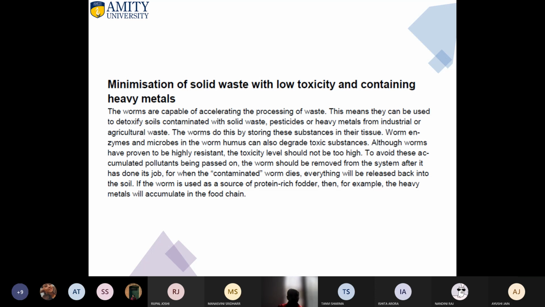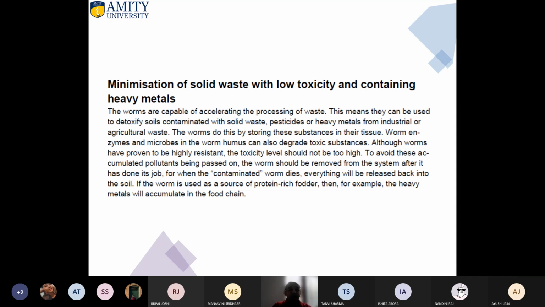If the contaminated mixture is highly toxic and the number of heavy metals is much more, the worms will die. They cannot feed much upon it, but still they can act upon a part of it, and everything will be released back into the soil.